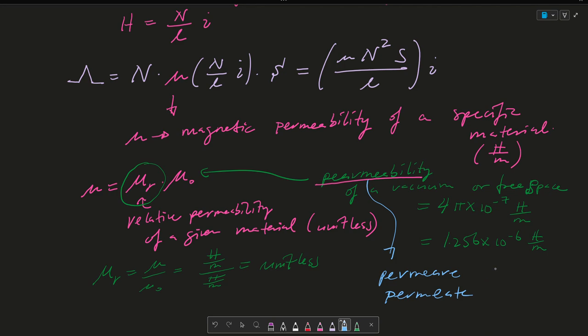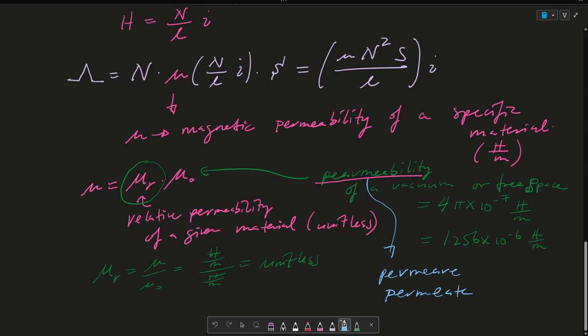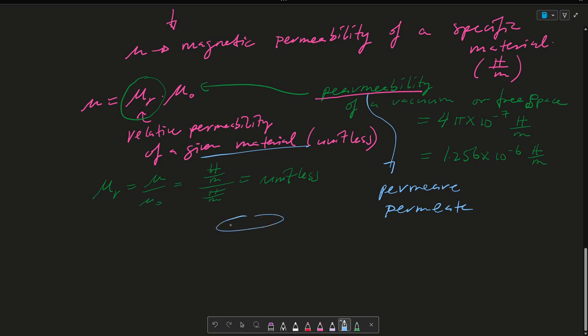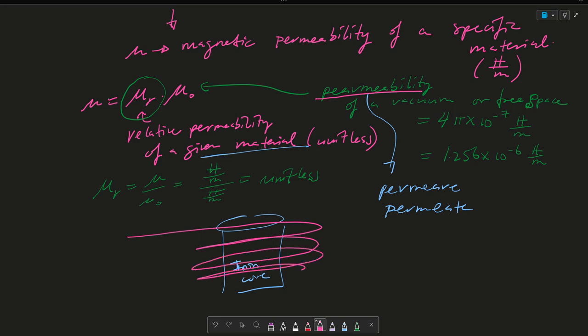So basically, in the material we're talking about here, so for example, when we say given material, when we have our core, if this is an iron core, and we apply current through a wire, all right, the magnetic field, how easy is it to generate a magnetic field that passes through this iron core, right?